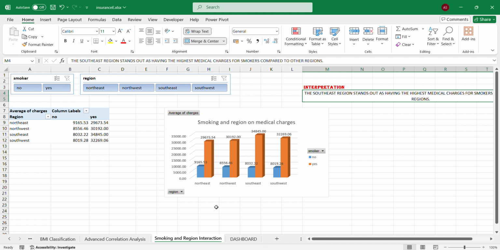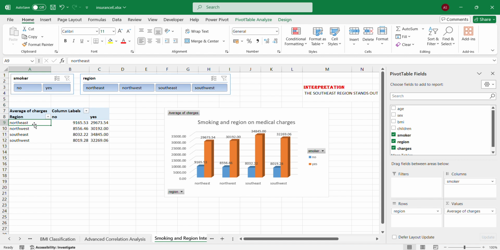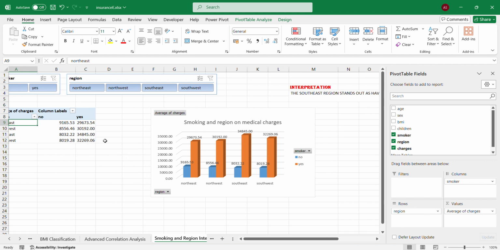Then smoking and region interaction. Using the pivot table, based on the region there is an average of charges and the smoking of yes or no. As you can see, the southeast has more medical charges for those who smoke, and the non-smokers have less medical charges than the smokers. There are also two slicers given, which make it easy for the user to interact and get the values.